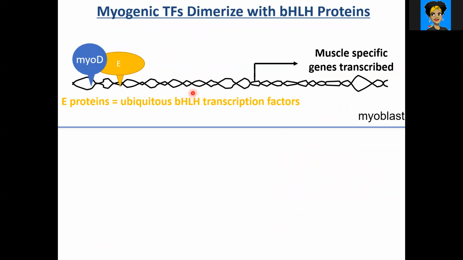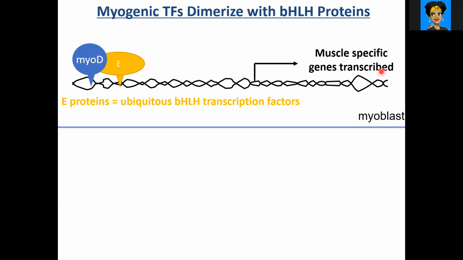And so they also discovered that the myogenic transcription factors dimerize. So they bind with other proteins in order to turn on muscle-specific gene transcription. So you're in a myoblast and you have your MyoD that's going to come in. Transcription factors bind to enhancers. You have your MyoD that comes in and binds. You have the ubiquitous factors, which are just transcription factors that you'll find in any cell.